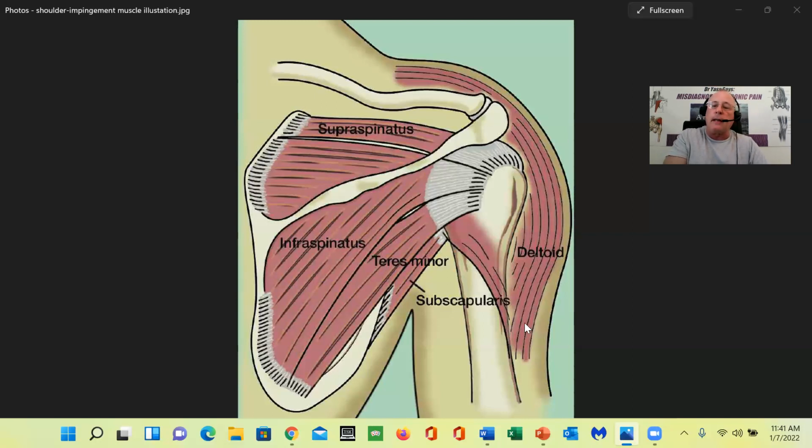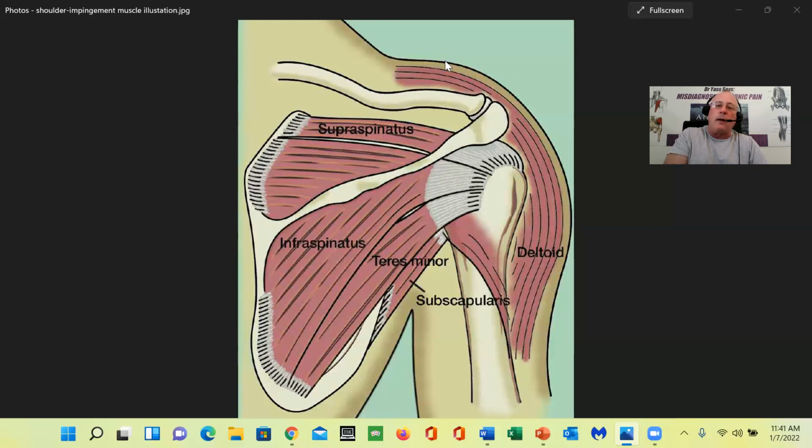Okay, so the deltoid attaches from the arm. The front deltoid attaches to the collarbone. The lateral aspect attaches to the spine of the scapula, the acromion process, this portion of the shoulder blade. And then there's a posterior deltoid that attaches to the spine of the scapula, which is right here.